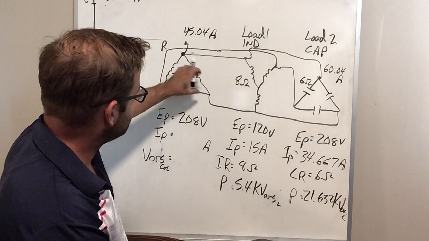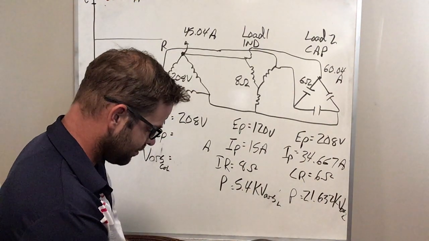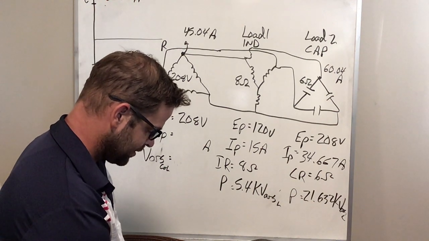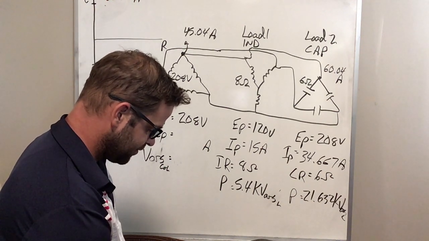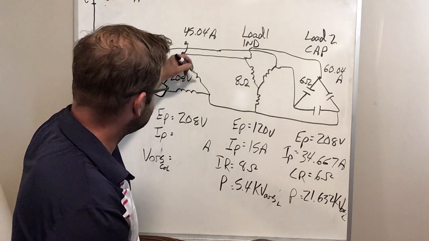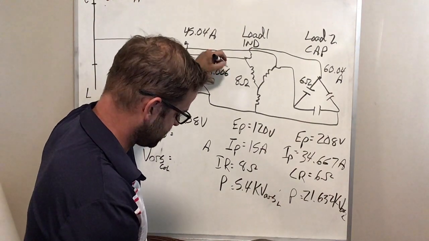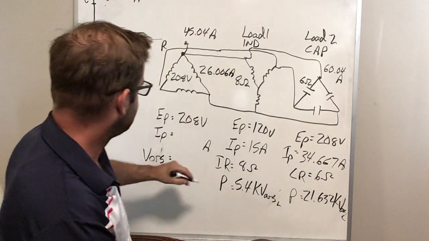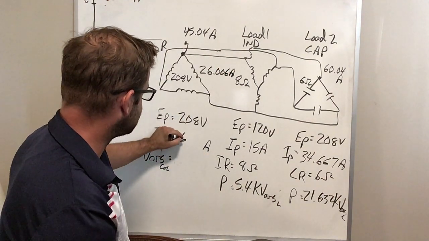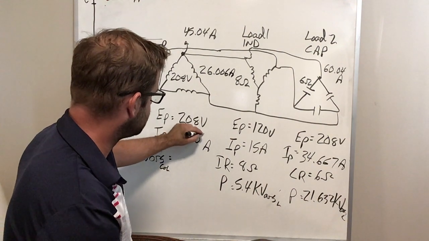Line value, there's two values that make that up, so it's got to be root 3 smaller. So we divide that by 1.732, and we get 26.006 amps in the line. So 26.006 amps.